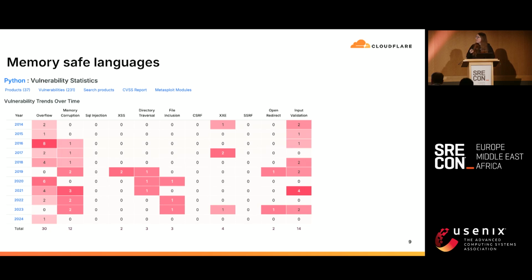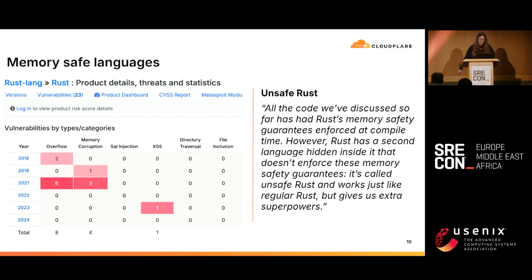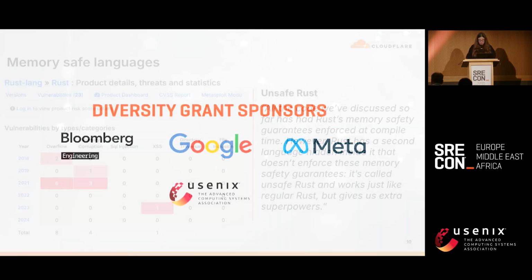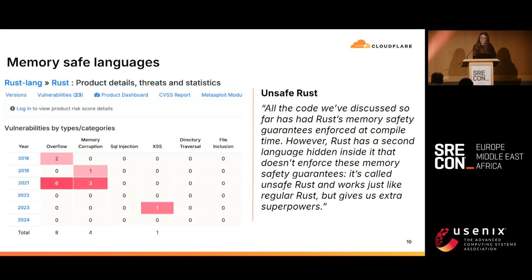And we can see that it still has some vulnerabilities. This is the statistic for the Rust vulnerabilities. It has fewer, but at the same time, we have unsafe Rust.